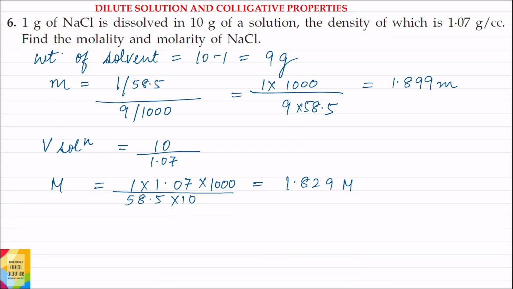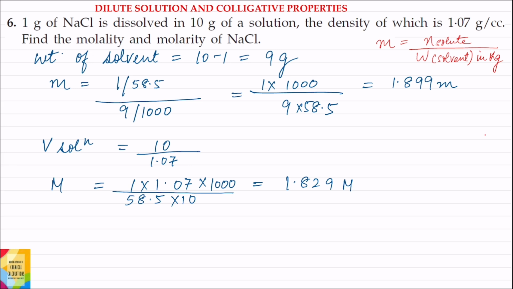Question 6. 1 gram of NaCl is dissolved in 10 gram of a solution, the density of which is 1.07 gram per centimeter cube. Find the molality and molarity of NaCl. Formula for molality is equal to moles of solute divided by weight of solvent in kg.